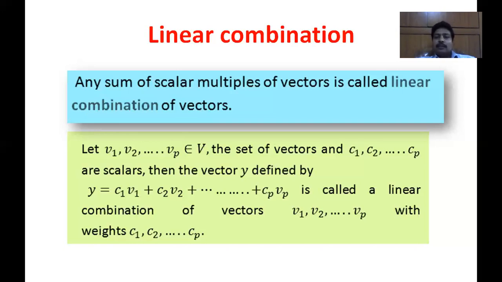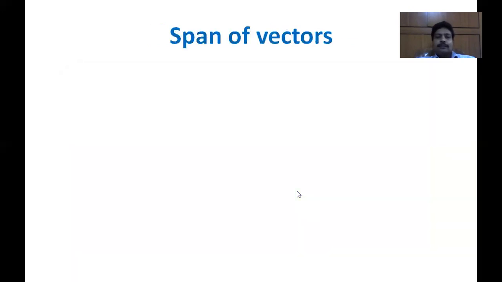So hereafter we will use this result, y is equal to c1 v1 plus c2 v2 plus so on cp vp, whenever we know that y is a linear combination of these vectors. Next definition is span of vectors.